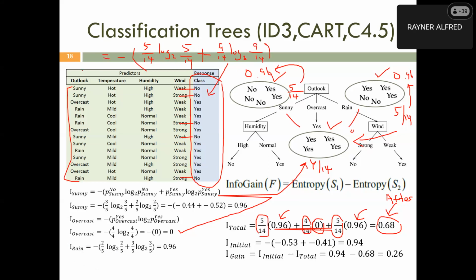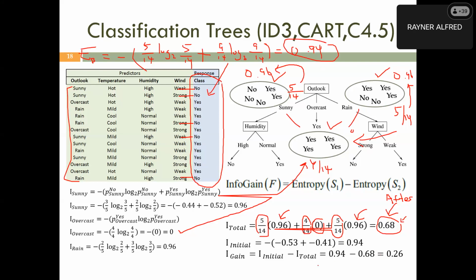Okay, so this is the entropy before, and the total is 0.94. So this is before and this is after.